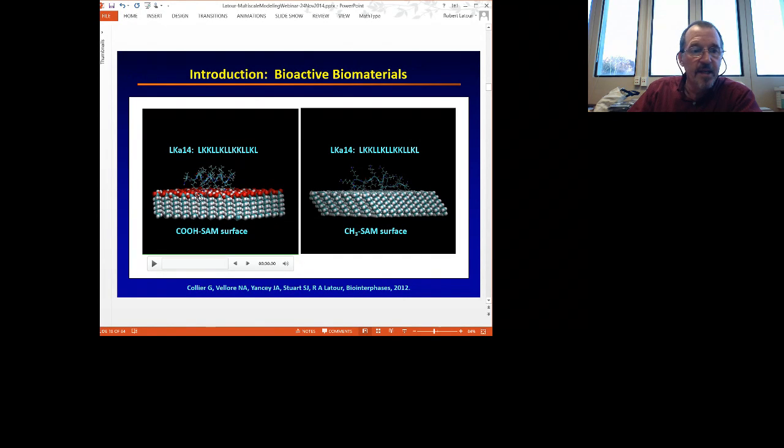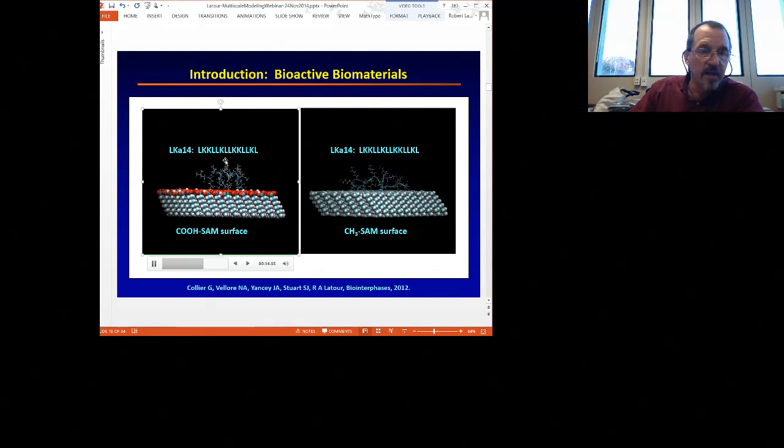And here I'm showing a carboxylic acid surface, and the simulation predicts that this will adsorb with the positively charged lysines adsorbed down on the negatively charged surface, with nonpolar leucine facing towards solution, and it maintains its alpha helicity on the surface.